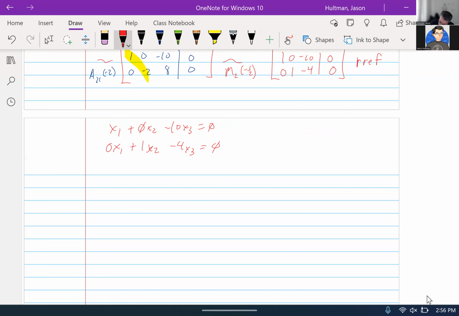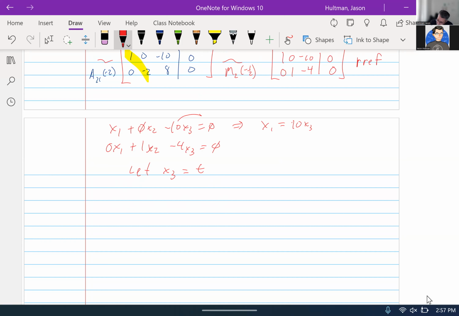So what I'm going to do here is let x3 equal t. And so what does that give me? If I look over here, I can say x1 is equal to 10 times x3, I just toss this guy to the other side.